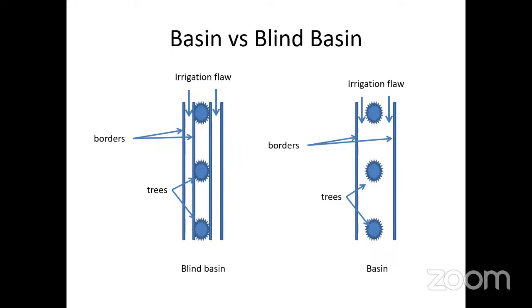The next slide shows us the comparison between the basin and the blind basin irrigation systems, both of which are surface irrigation systems. If you look at the drawing on the right, you see the trees in the middle, and the irrigation flow goes between those two borders.